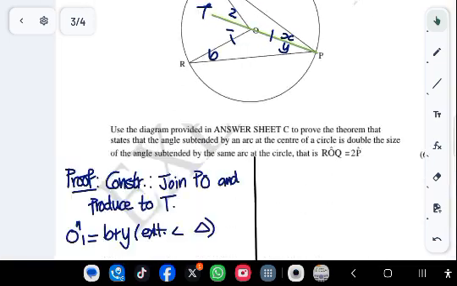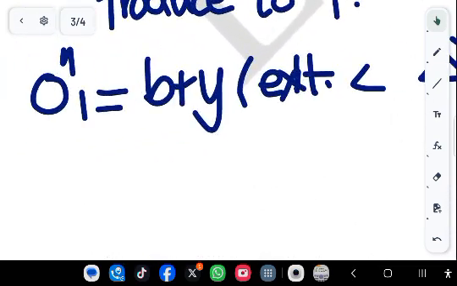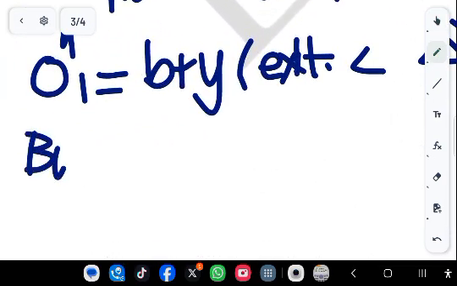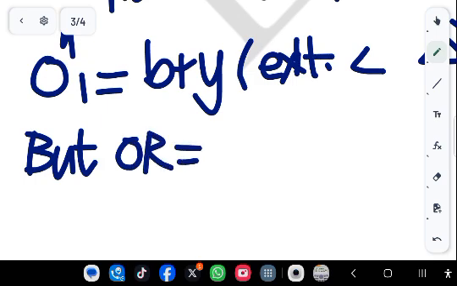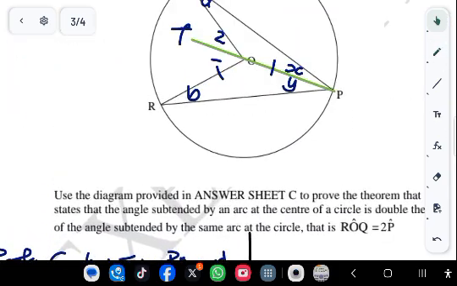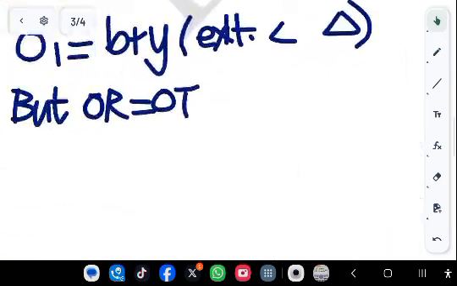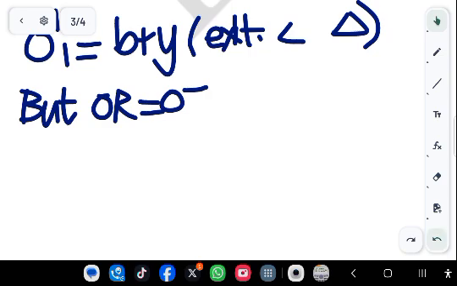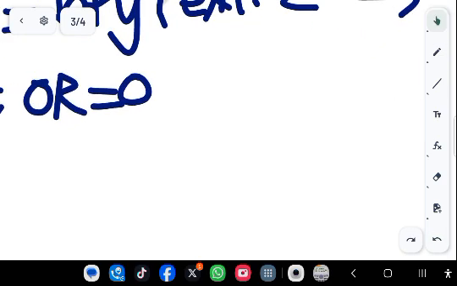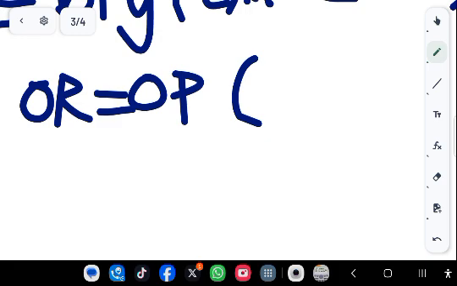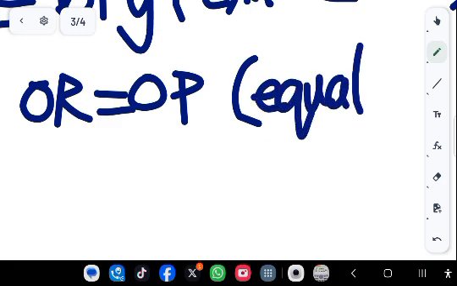Side OR equals side OP. Is it OT? No, it's OP. But OR equals OP, equal radii.